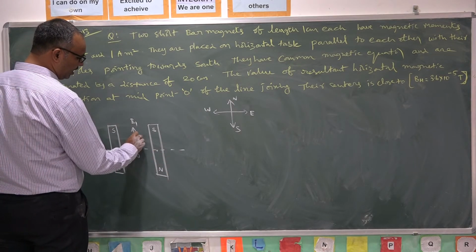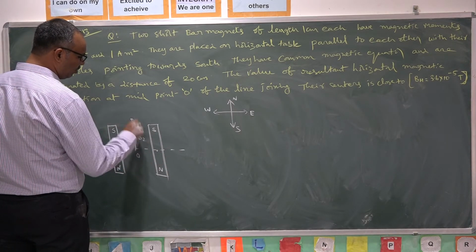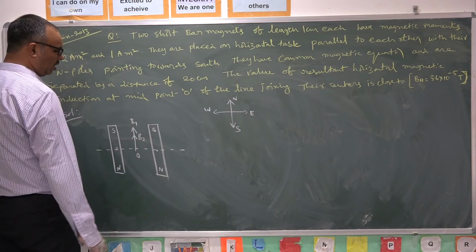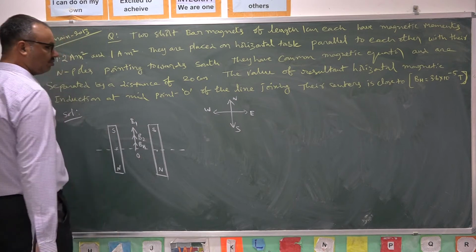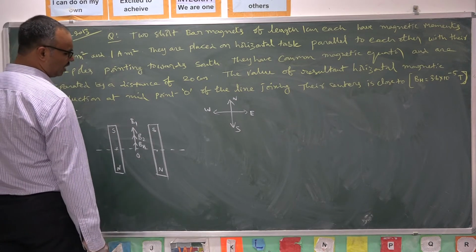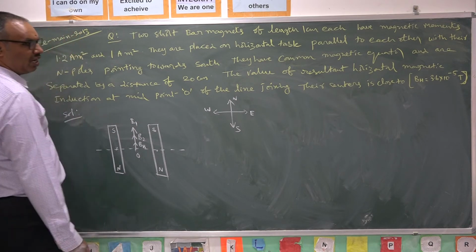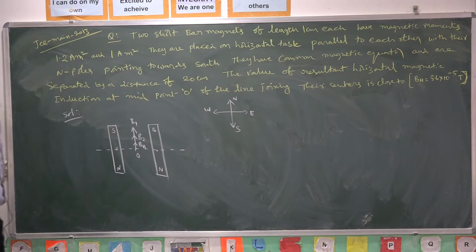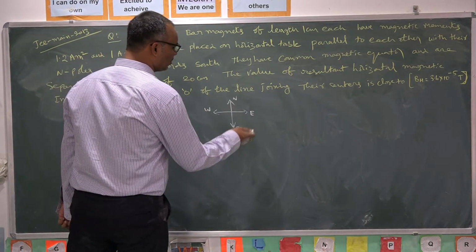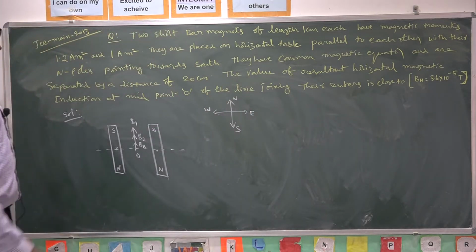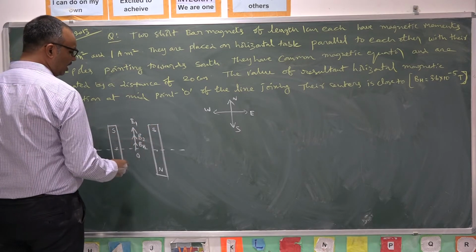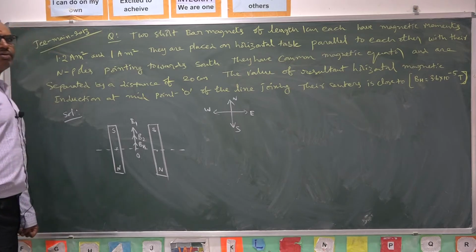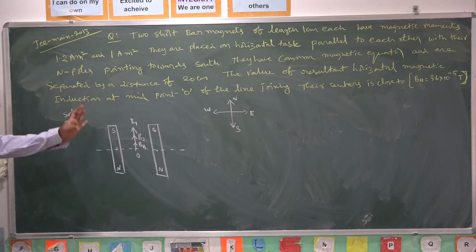The magnetic induction due to the second magnet B2 will be in this direction. The horizontal component of earth's magnetic field BH also will be in the same direction, since earth's lines of force go from geographic south to geographic north. Hence all three, B1, B2 and BH, lie in the same direction.